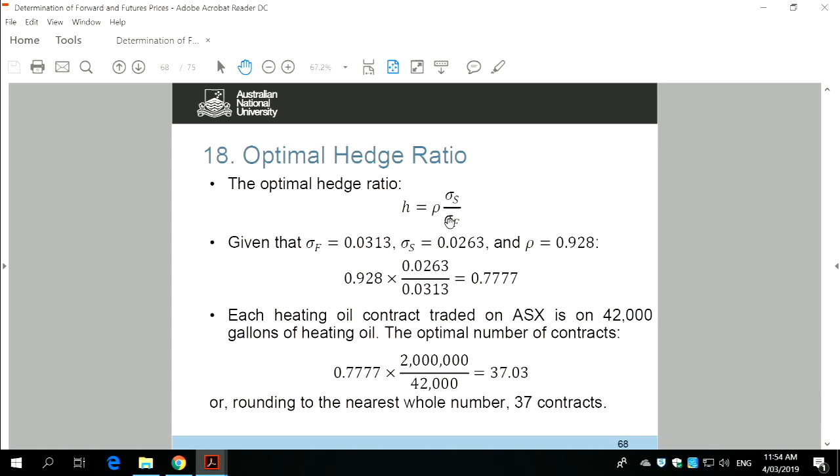Based on this formula, we take the standard deviation of the jet fuel spot price, divide it by the standard deviation of the futures price, and then multiply by the correlation between them. You get a ratio of 0.777. Okay? Each heating oil contract traded on the exchange is on 42,000 gallons of heating oil.